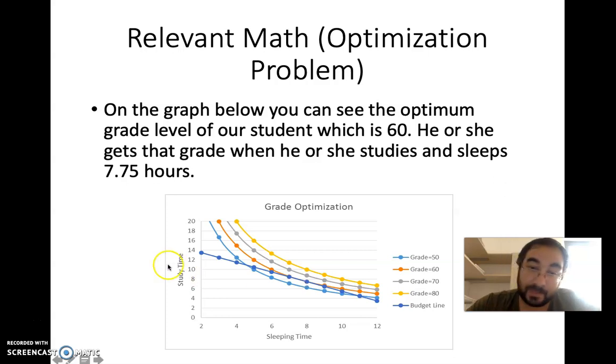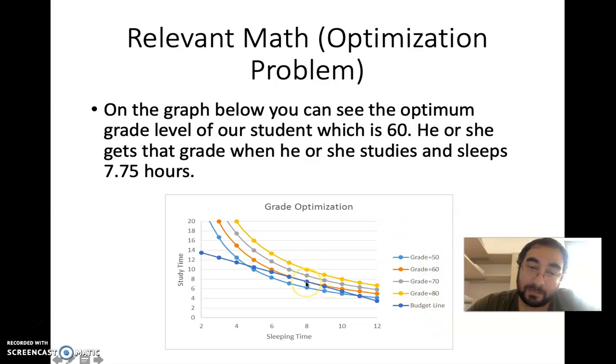By the way, sleeping more and working more both will increase the grade according to our assumptions, which means the indifference curves that are above always represent a higher grade. So if our budget line goes above an indifference curve, like 50, for example, we know there's a combination of working time and sleeping time that gives our student a grade higher than 50.